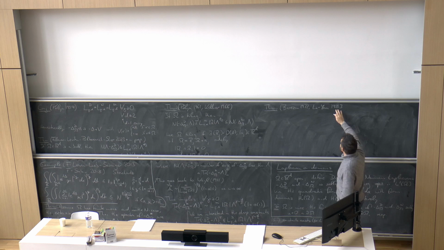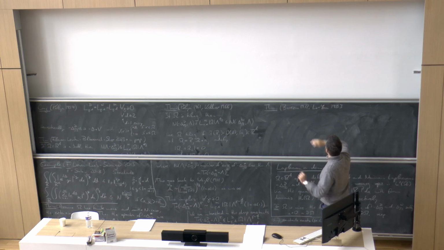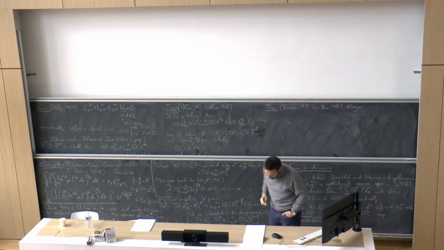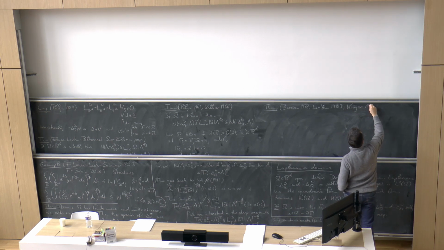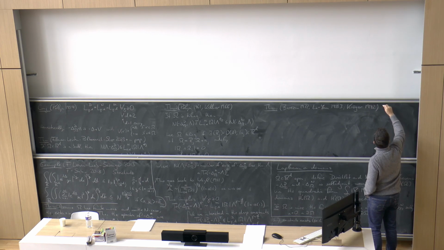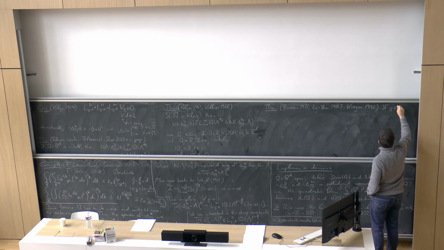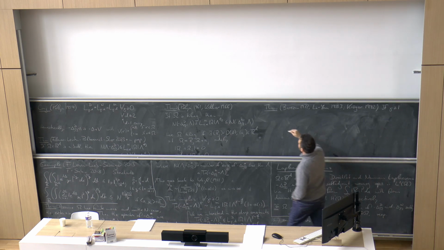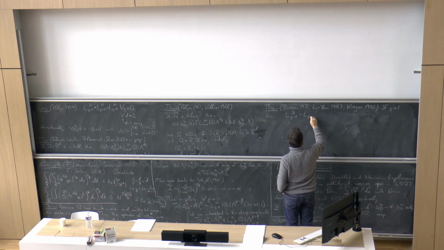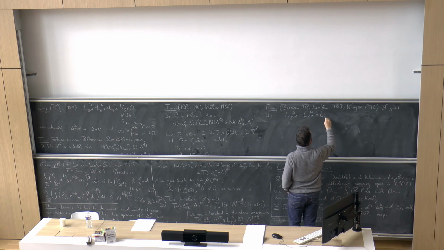Besides that, they prove in this paper the following thing, and then there's a work by Karl Kröger from 1992, and that says if gamma is greater or equal than 1, then L gamma D Dirichlet is equal to L gamma D Neumann is equal to L gamma D semiclassical.